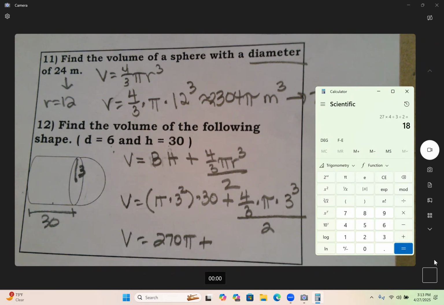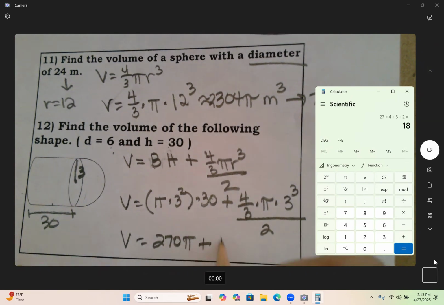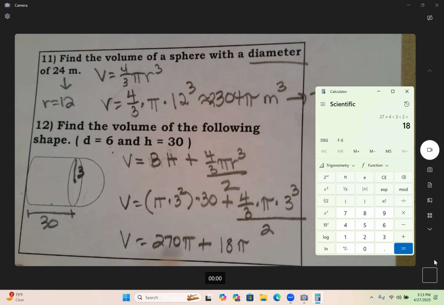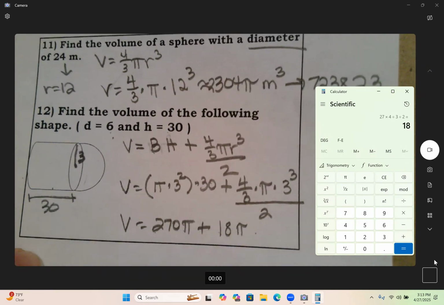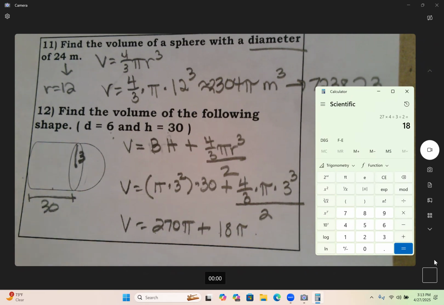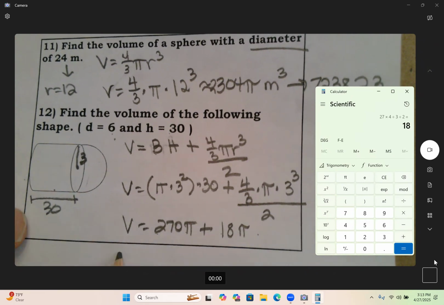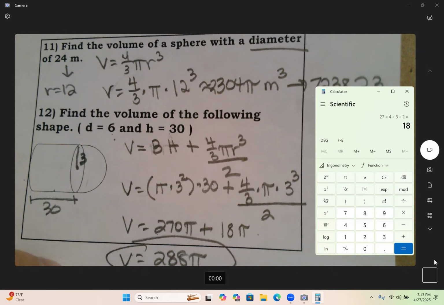So the volume of the hemisphere is 18 pi. So these are like terms. Like if I was doing 270x plus 18x like you did in Algebra 1, you would combine like terms. Well, that's what we're doing here. 270 plus 18 is 288 pi. So this is the volume in terms of pi.